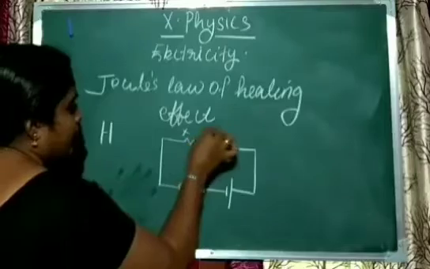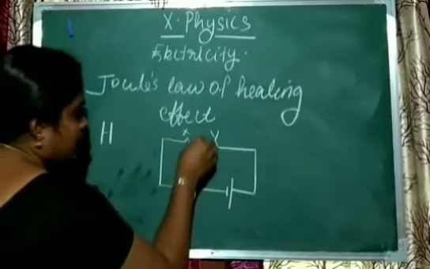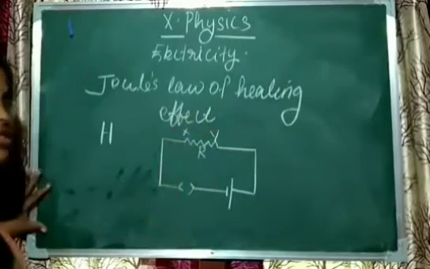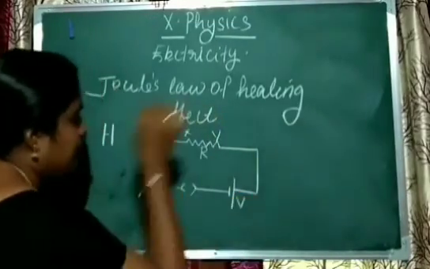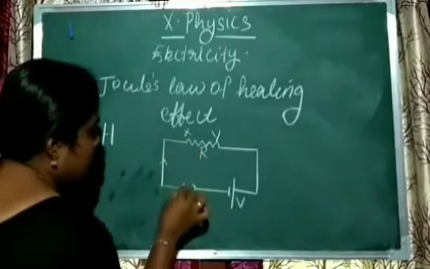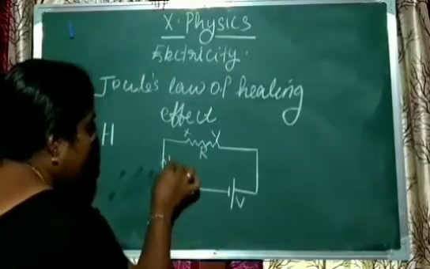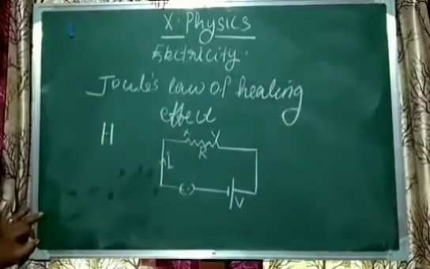Let XY be the resistor, R the resistance of the resistor, and V the potential applied in the circuit. When the circuit is switched on, I ampere current is flowing through the circuit.